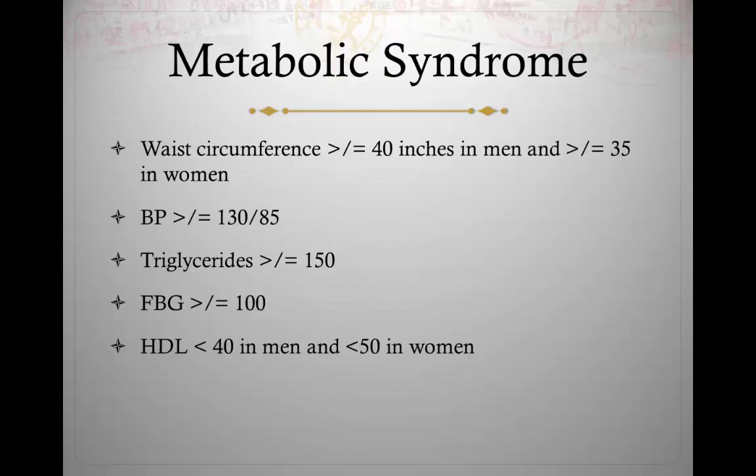Now, let's talk about metabolic syndrome. If you recall, in pathophysiology, metabolic syndrome is a disease process that leads to insulin resistance. It's also called insulin resistance syndrome, which is characterized by a large waist circumference due to excess abdominal fat. Patients would have hypertension.